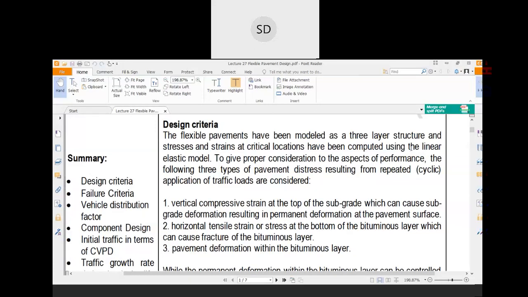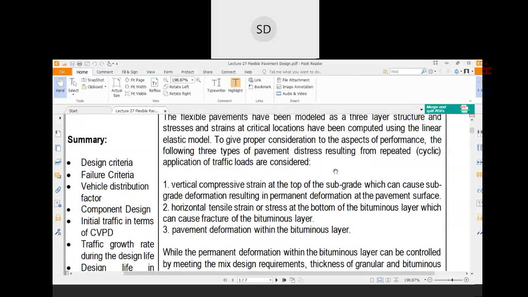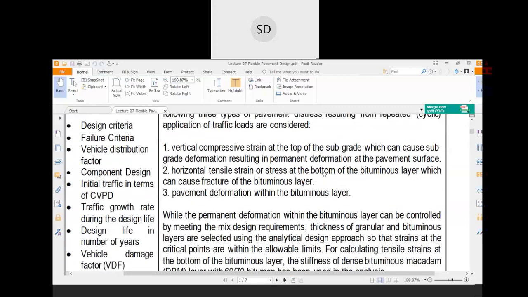Now, in the flexible pavement, there are different locations where stress and strains are generated, and these important positions or locations are called critical stress locations. The different stresses induced in the flexible pavements are vertical compressive strain at the top of the subgrade, which can cause subgrade deformation, resulting in permanent deformation at the pavement surface.